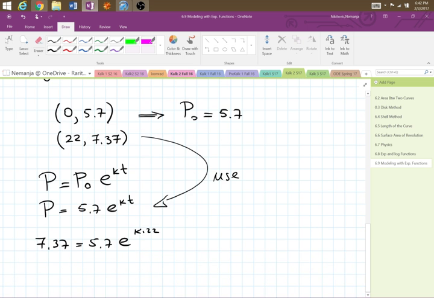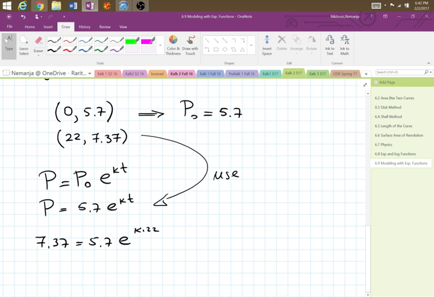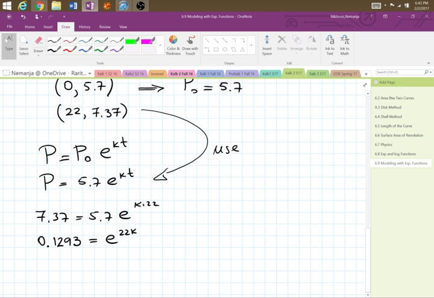So now we have 7.37 divided by 5.7, which gives us 1.2930, rounded properly, equal to e to the 22k. What do we do now? ln both sides. So we're not multiplying by ln, we are applying ln to both sides. And now we have ln of 1.2930, which is 0.2569, equal to 22k.